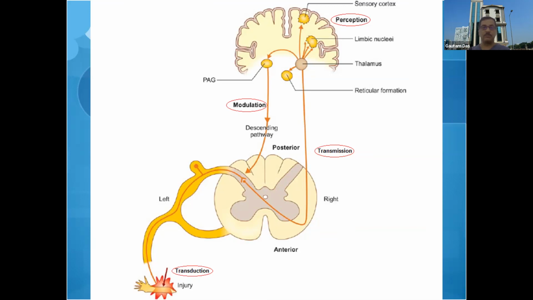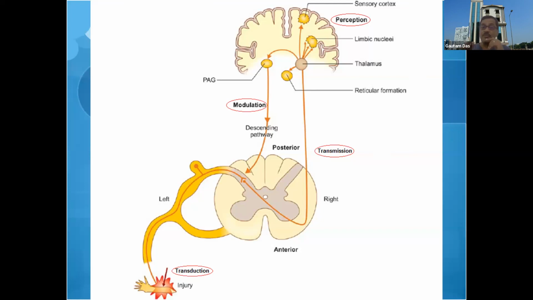Two other pain modulations I'll be talking about. One of them is called segmental inhibition. So what is segmental inhibition? Again, go back to the first year physiology class. Remember that there are certain neurotransmitters which are called excitatory. That means first order neuron to second order neuron.